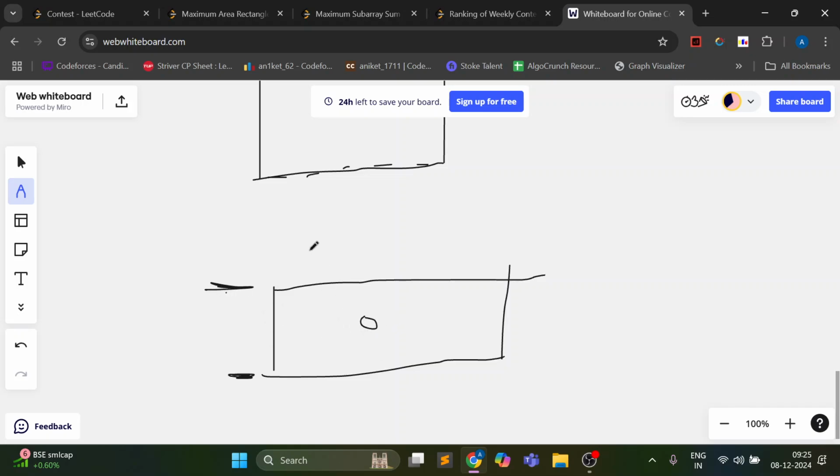Its y coordinate would be greater than or equal to this, and less than or equal to this.